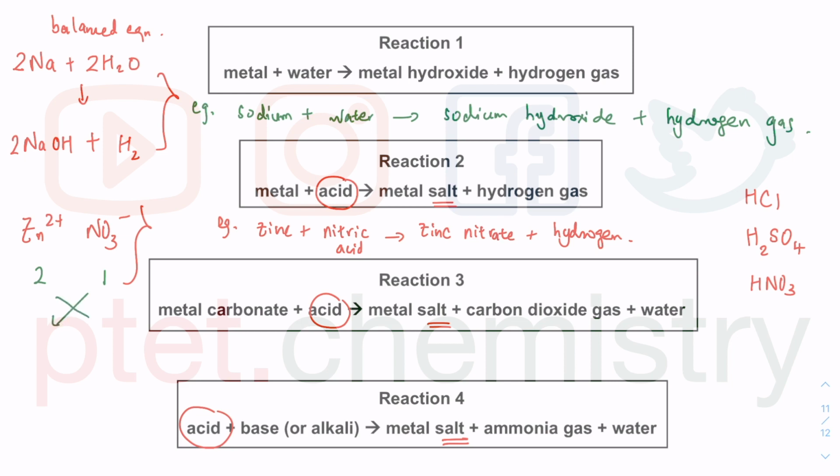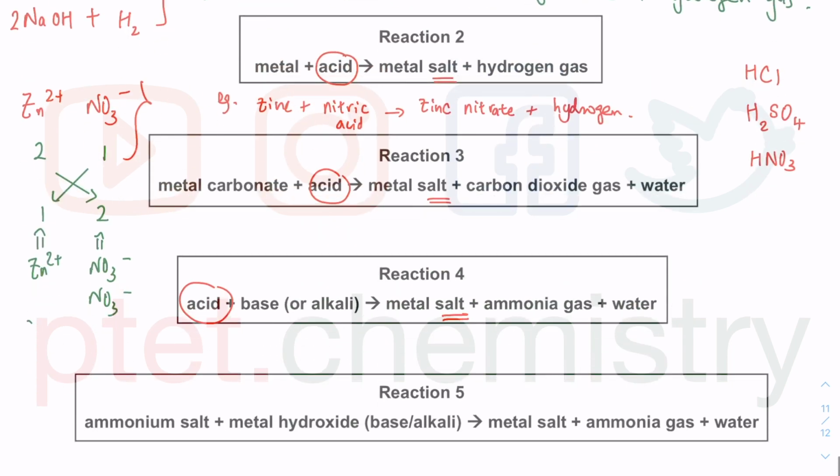When you cross multiply, you crisscross the numbers, 1 goes there, 2 goes on the right hand side. What this means is 1 of Zn 2 plus, and 2 of NO3 minus. What this means is you have 1 zinc and you have 2 of the NO3. This is the correct formula for zinc nitrate. You might be able to write the word equation, but if you can't write the formula, then you can't do much at all.